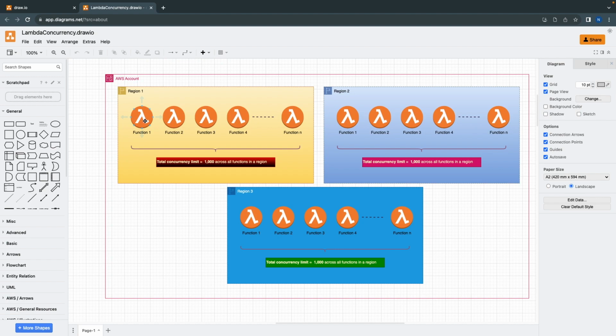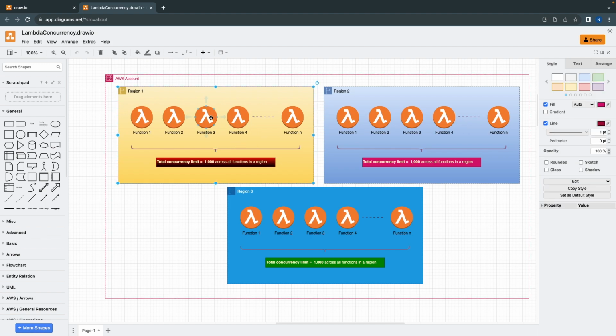For example, you have a lot of functions like this, and all of them share the same concurrency pool. If one of the Lambda functions, say function 3, tries to invoke around 500 parallel invocations, it consumes from this pool, and the remaining 500 would be utilized by the others.